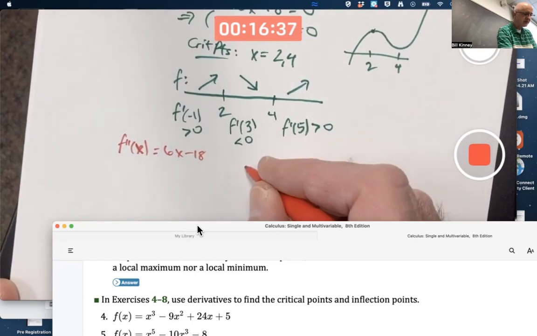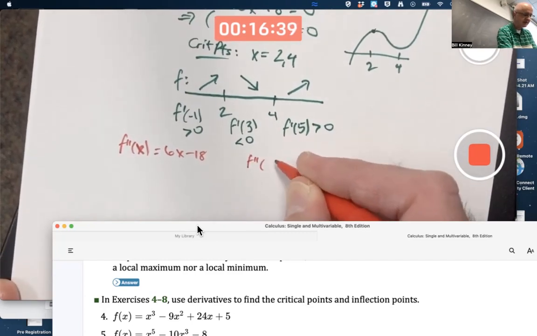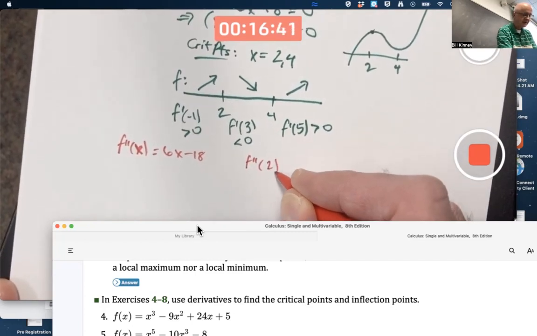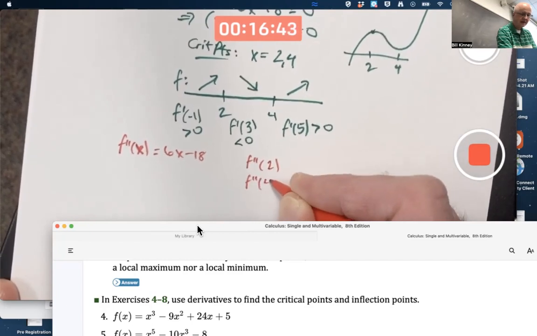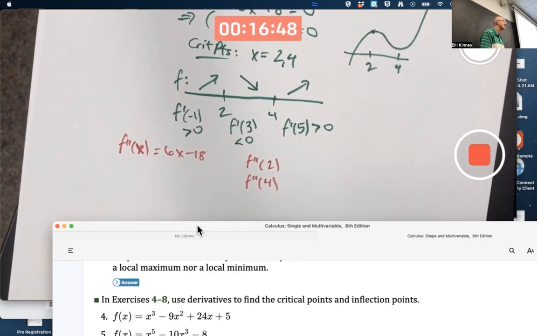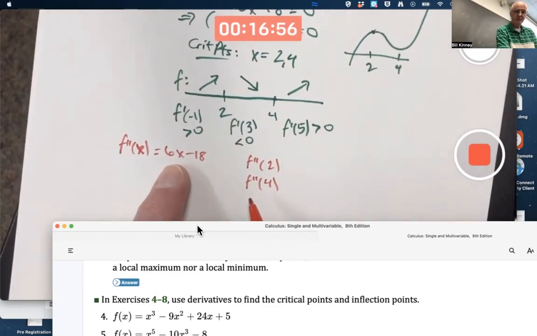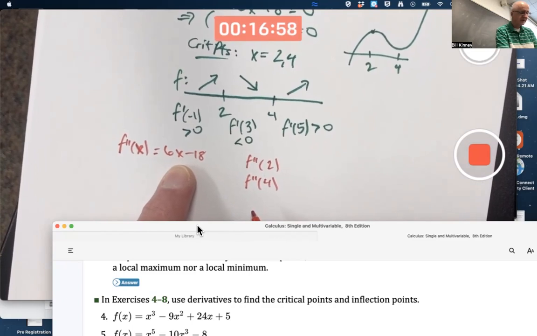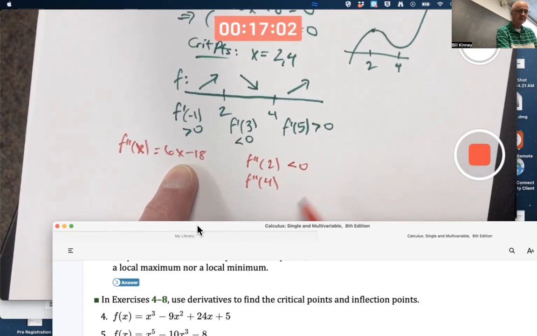If you plug the critical points, 2 and 4, into the second derivative and test the sign, it also confirms there's a local maximum at 2 and a local minimum at 4. Why? The second derivative at 2, if you plug in 2 in here, you get 12 minus 18, negative 6. It's a negative number. If you plug in 4, you get 24 minus 18.